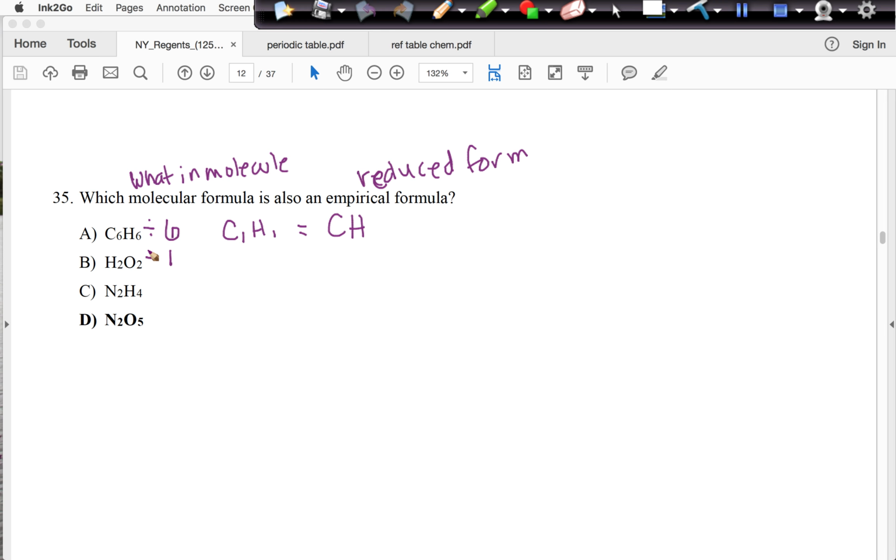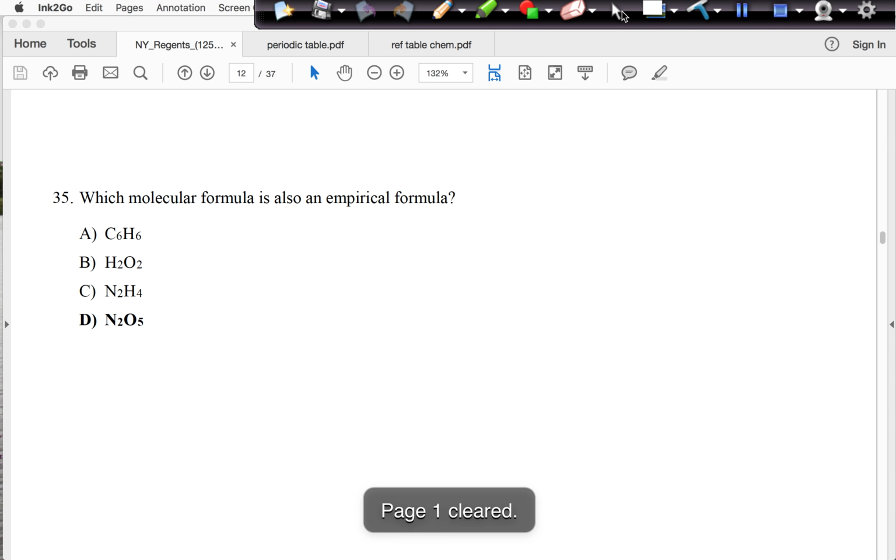H2O2 is also not reduced because we can divide by 2 and get HO, which would be an empirical formula of HO. N2H4, we can divide both subscripts by 2, which would give us N1H2 or NH2, and N2O5 is already as reduced as it can be.